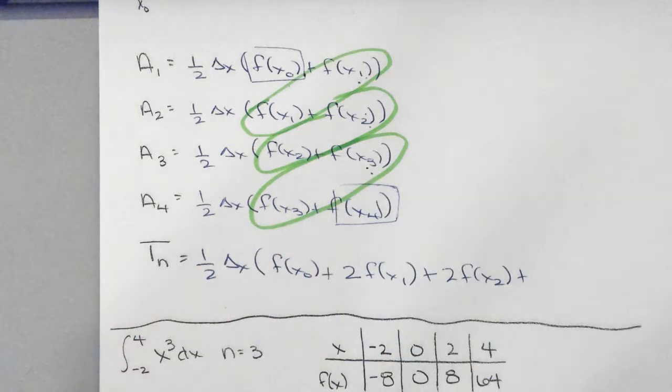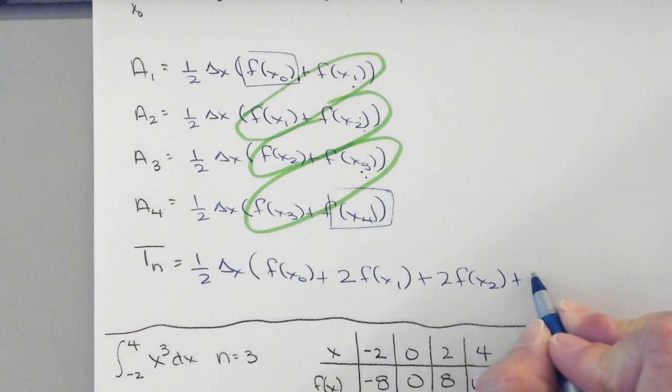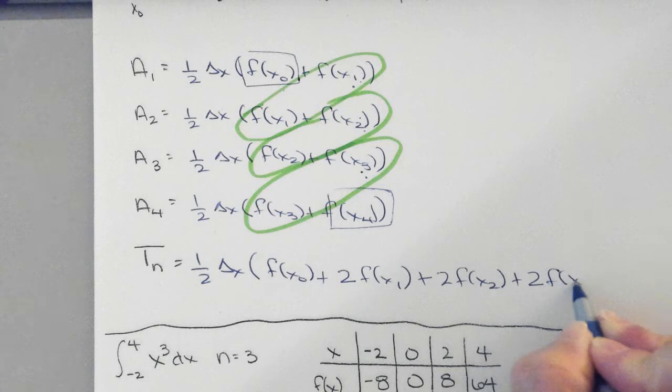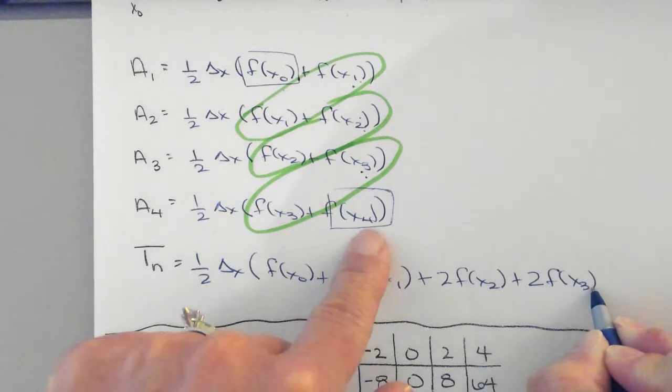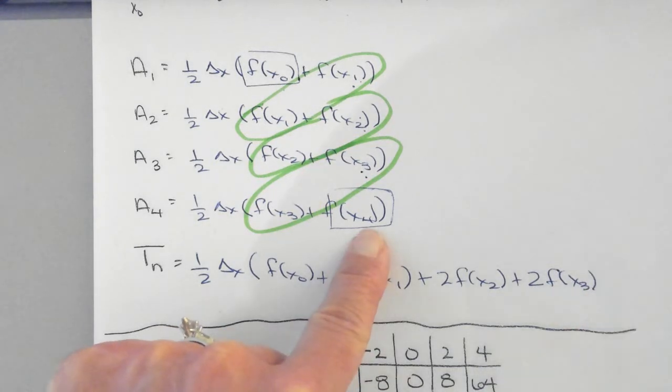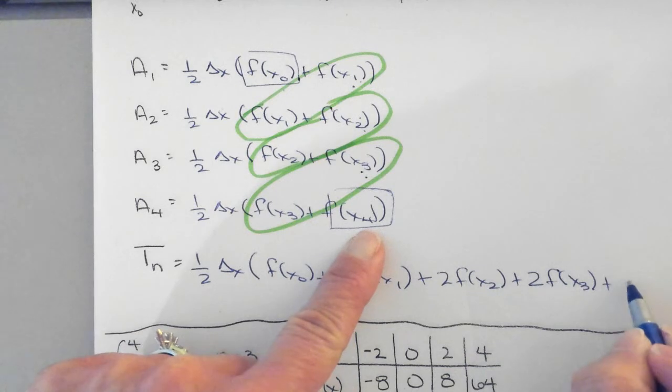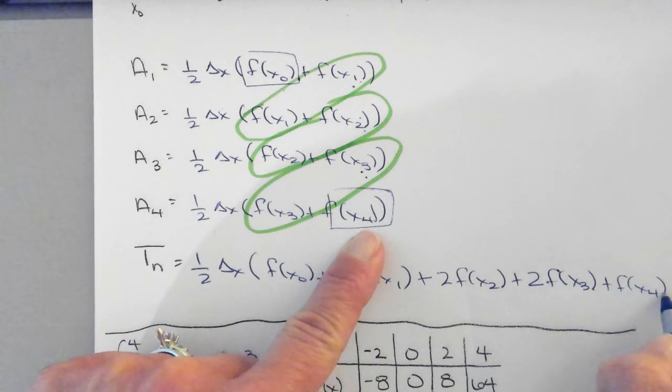It doesn't matter. What I'm saying is anything that's in the middle is going to be doubled, okay? And then I have my bottom piece of bread or my top, whichever way you want to think about it, plus f of x sub 4.